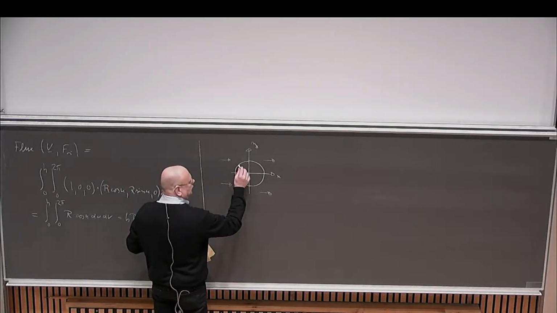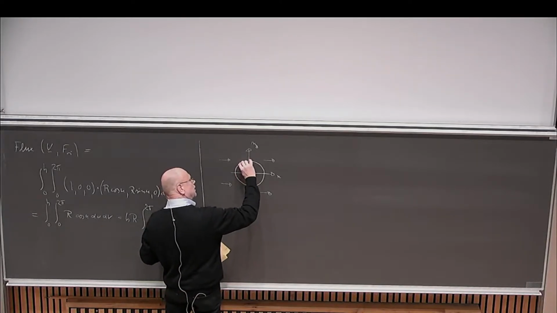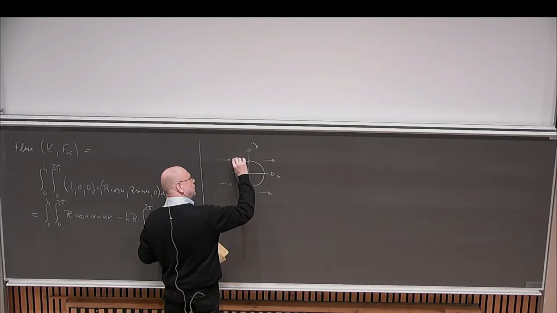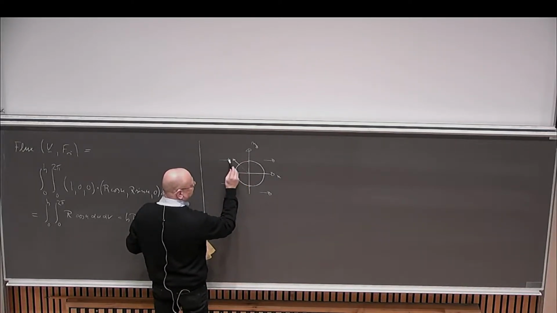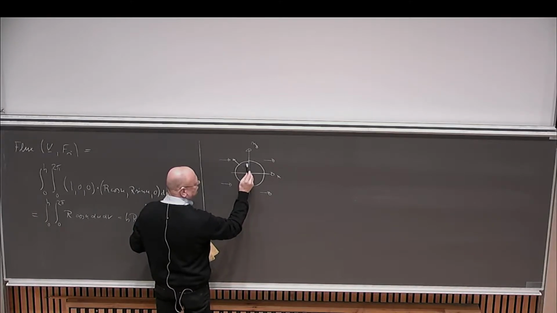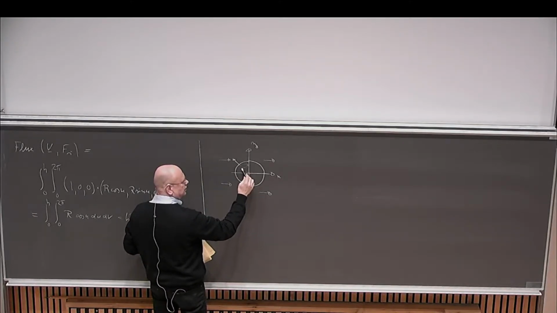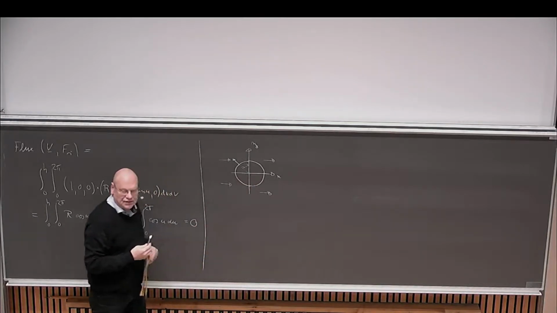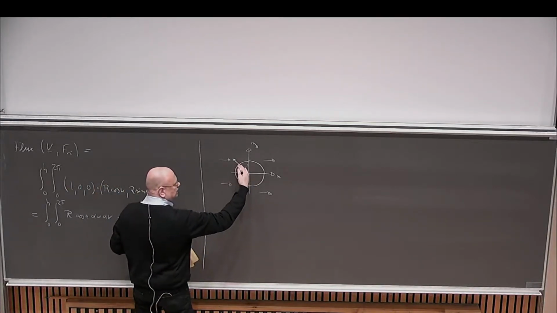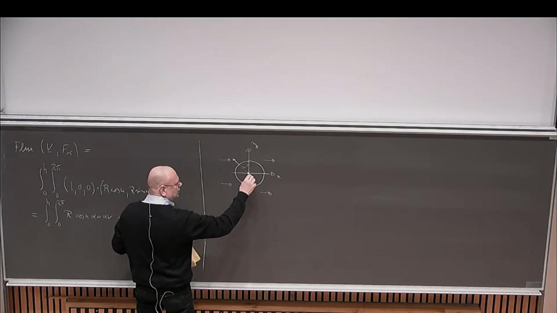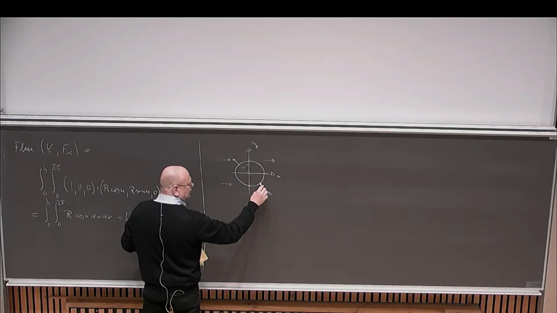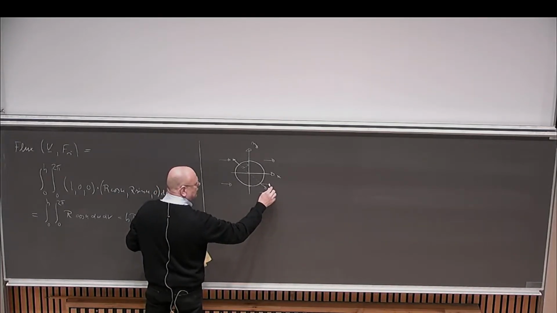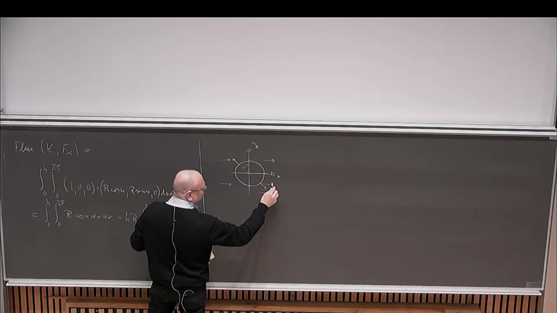And if you look at a point here, then you have the normal vector pointing in that direction. So if you take the projection of your constant vector field onto this normal vector here, you get this value. It's negative because it's in the opposite direction as the normal vector. But if you go on the opposite side here, then you have your vector field in that direction.